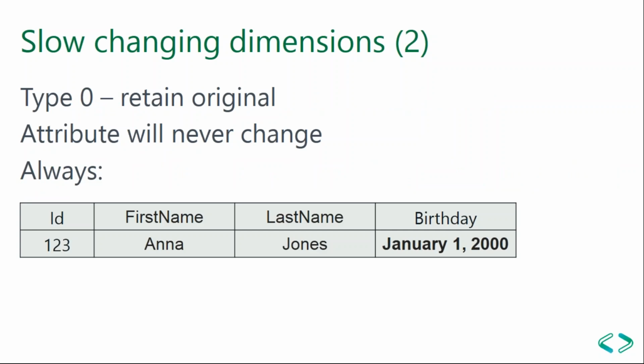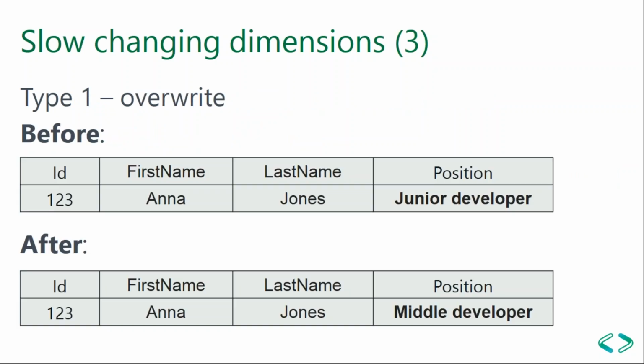Type 0. Nothing is changing. So we store the birthday of the person, and it will never change. Is it good? Yes. Type 1, override.